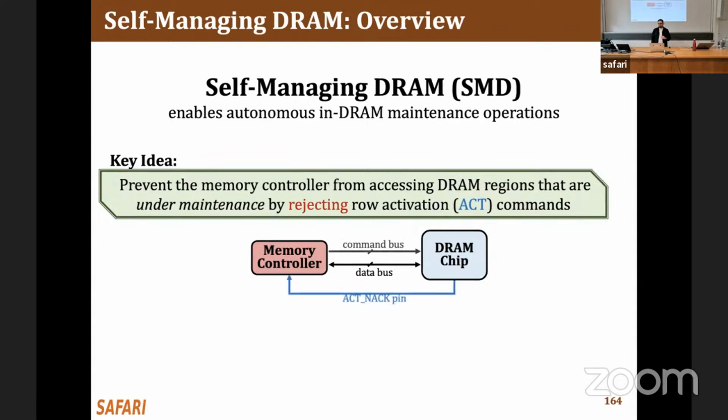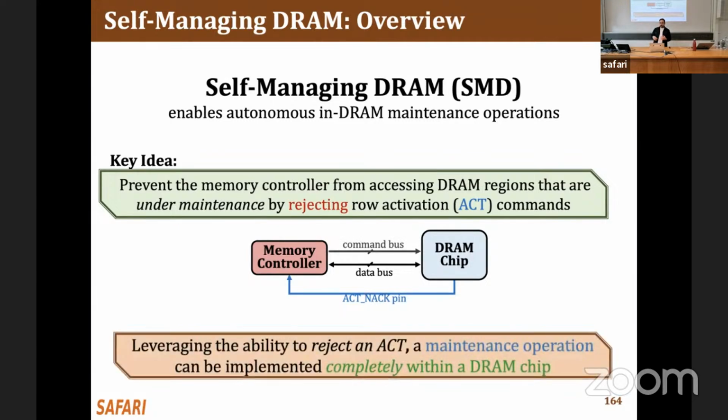Basically, we add a signal from the DRAM chip back to the memory controller called the ActNAC pin. And I think you will find some similarity between this pin and the signal that Osam will mention tomorrow about the RowHammer solution. So basically, when the DRAM chip decides to do some maintenance operation, this maintenance operation can be a refresh operation, can be RowHammer mitigation, can be memory scrubbing, can be anything.